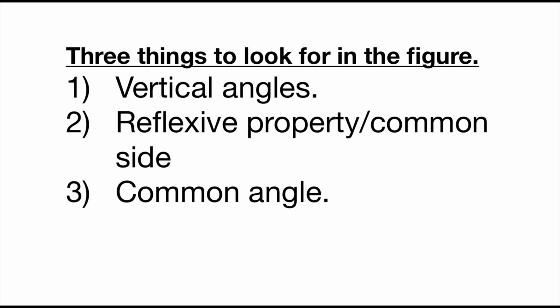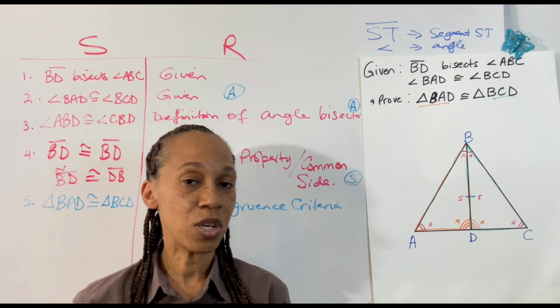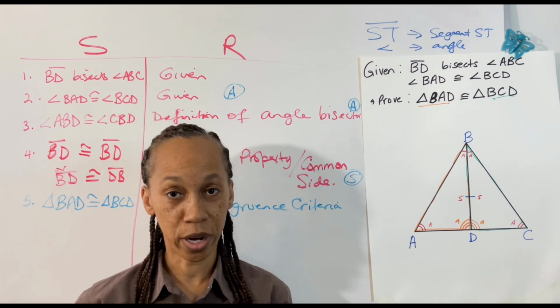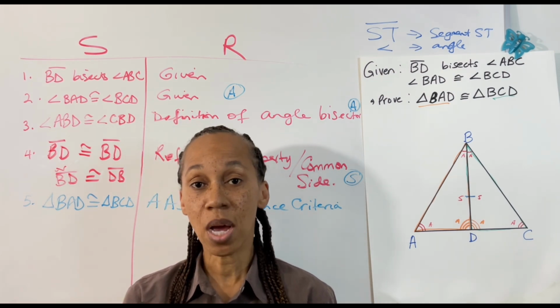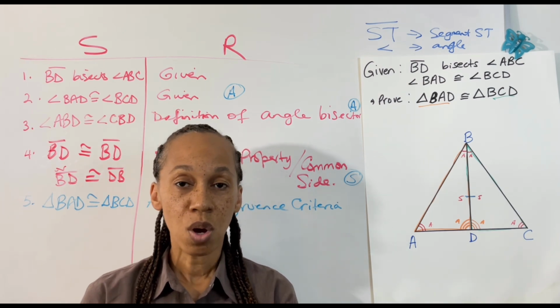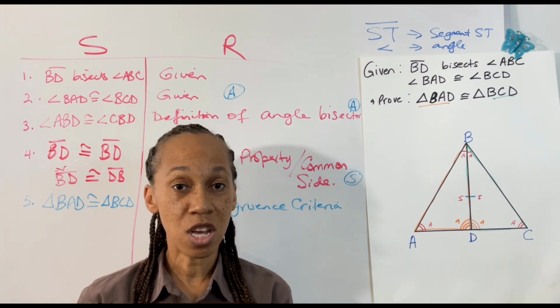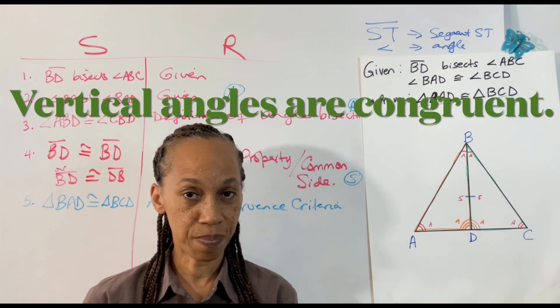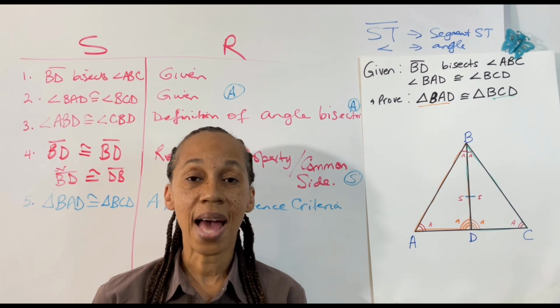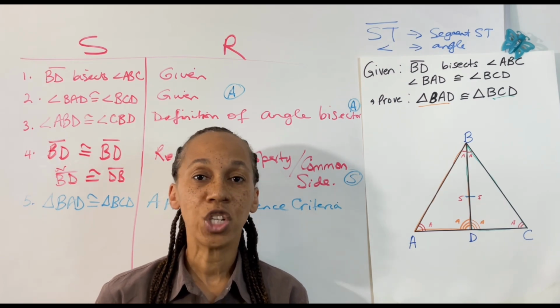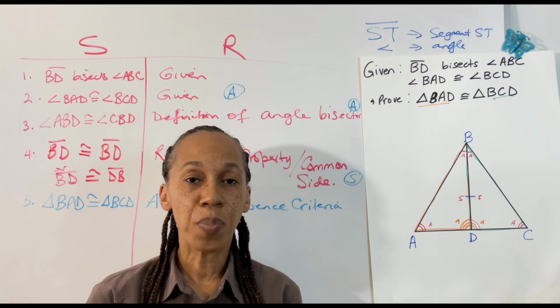And you also should look to see if there is a common angle, which simply means that that angle is being shared by the two triangles that you are working with. Vertical angles are usually formed when you have two angles that are opposite each other. They're vertical to each other. And obviously the reflexive property, or the common side, comes into play when you are sharing a side for both triangles.